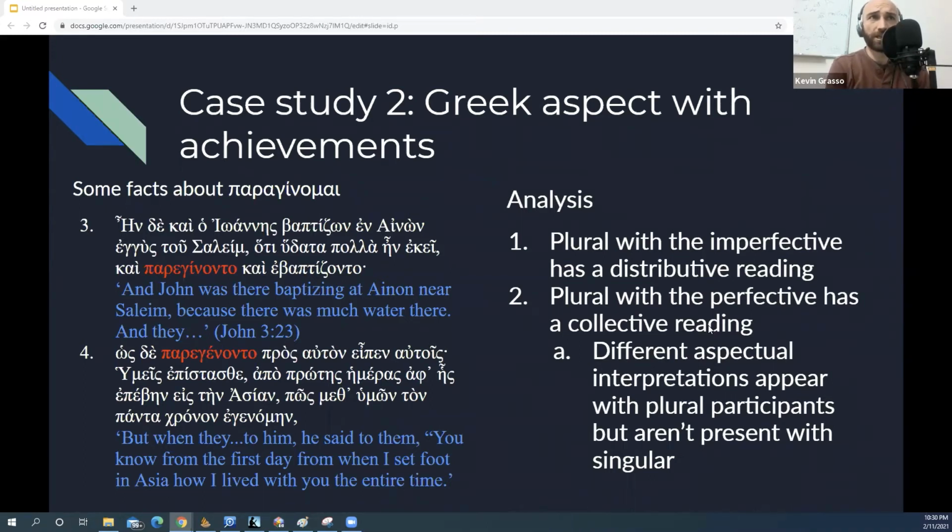So in 3, the plural has basically a distributive reading. The idea is that there were multiple people that came at different coming events and being baptized events, right? So there's this iteration of people coming over and over again.